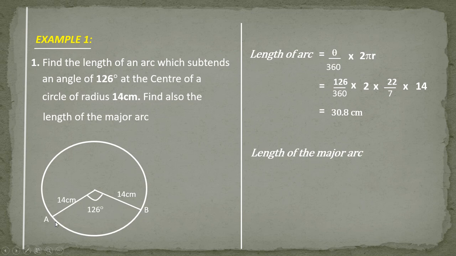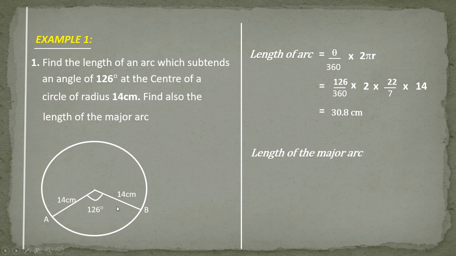So if this AB here is the minor arc, then this other part here is the major arc. From this point A up to this point B is what we call the major arc. From this point A on this side here up to this point is what we shall call the minor arc.